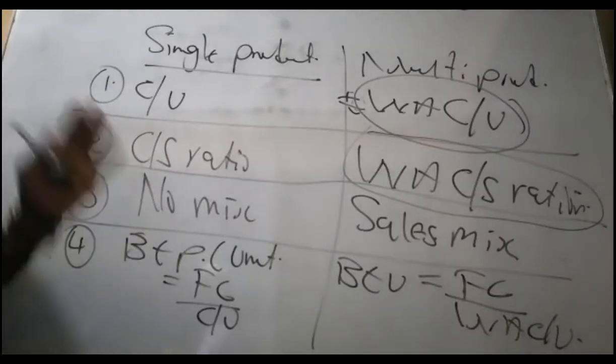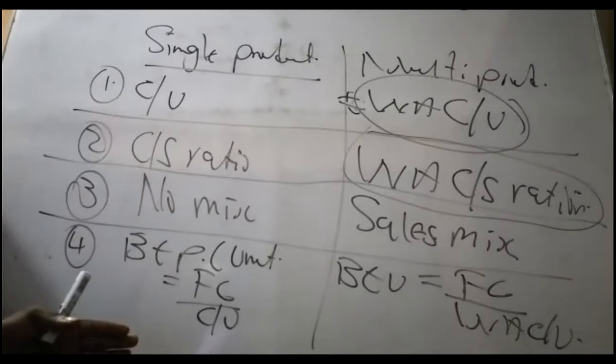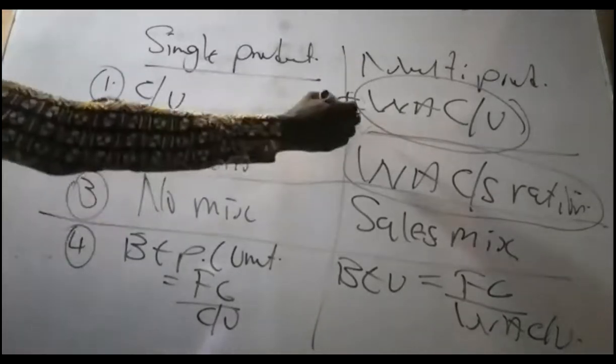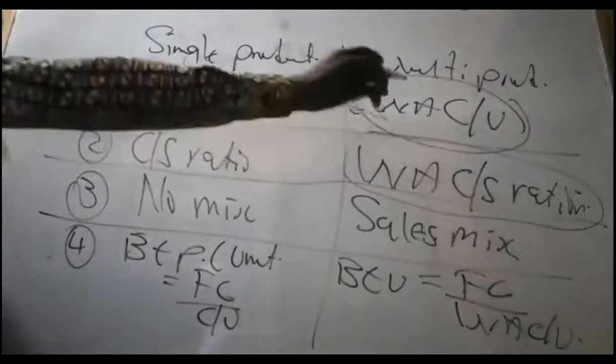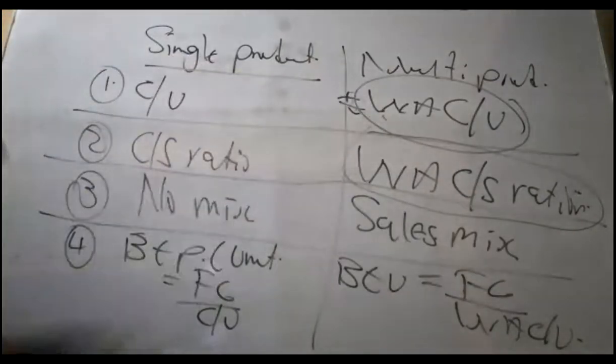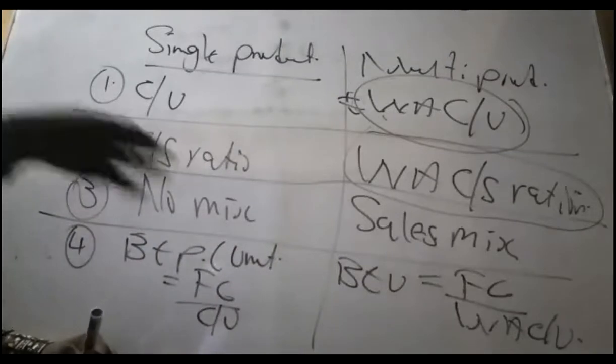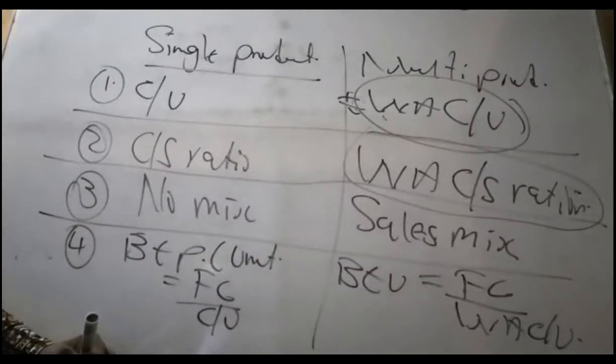Why is it weighted average? Because here the product that we sell is not just one. There are two or more. So take note of that. All what you need to know is how to calculate these two: weighted average contribution per unit and weighted average contribution to sales ratio. So who can give us the formula for finding break-even sales value under the multi-product?